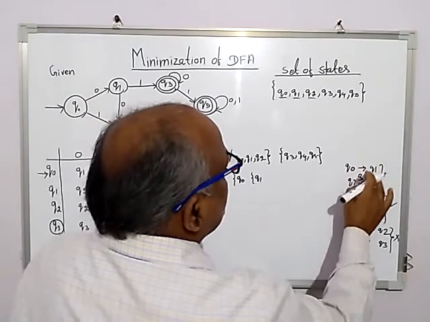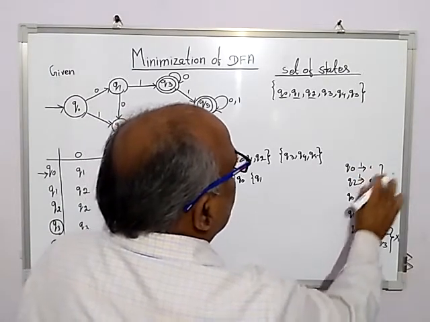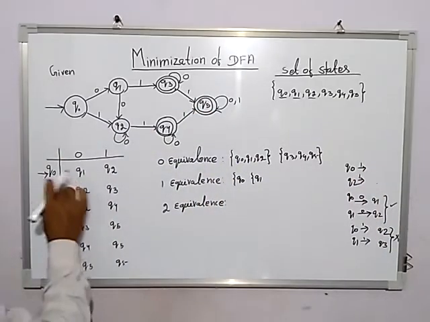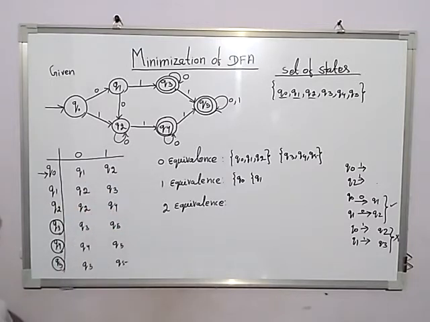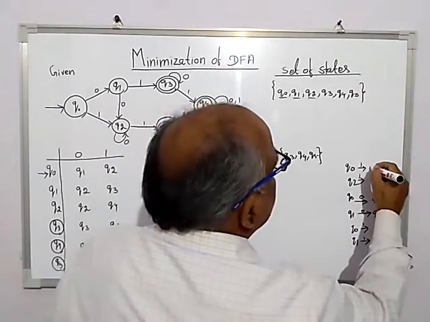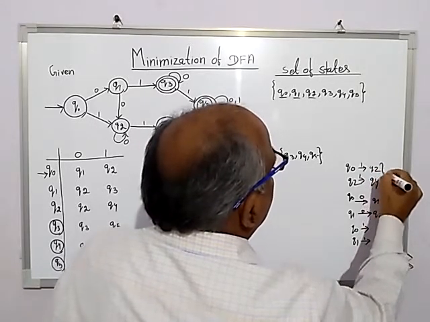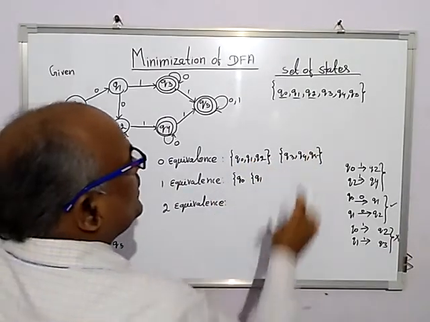Again, you see for 1 input, Q0 and Q2, what will happen? Q0 on 1 input will go to Q2. Q2 on 1 input will go to Q4. That is Q2 and Q4. Q2 is present here, Q4 is present here.